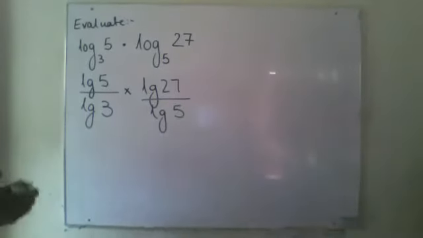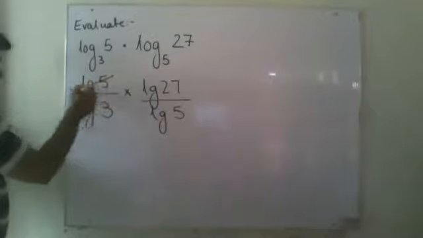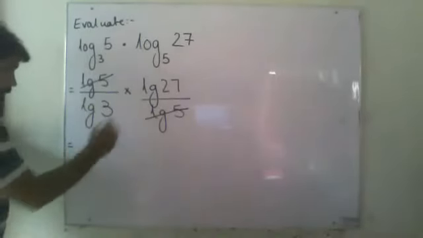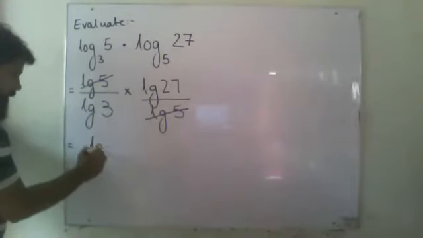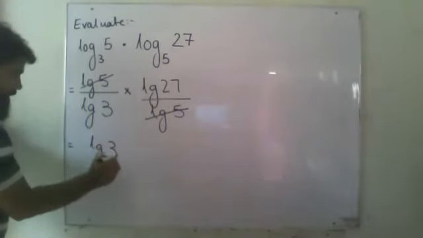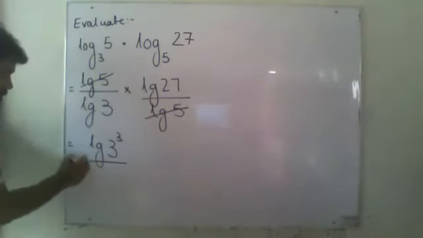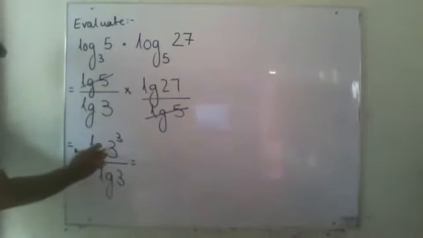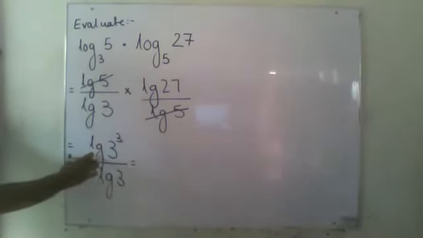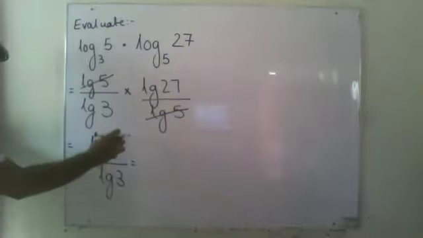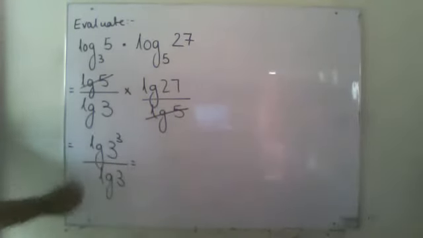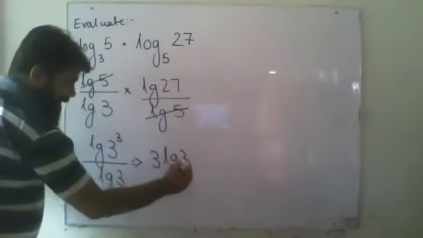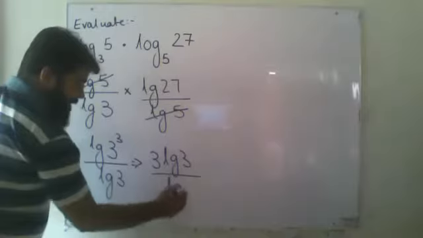Okay, so now see, lg 5, lg 5 will be cancelled. lg 27 can be written as lg 3 cube over lg 3 base. Log multiple power, so the power will be shifted before the log: 3 lg 3 over lg 3.